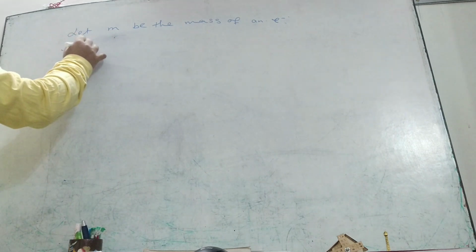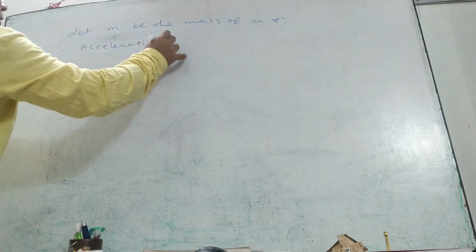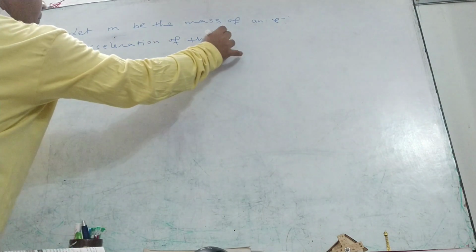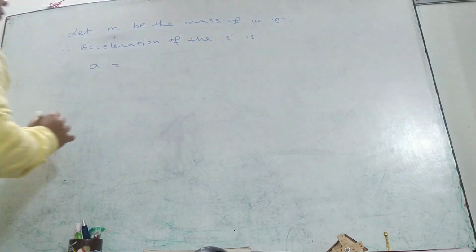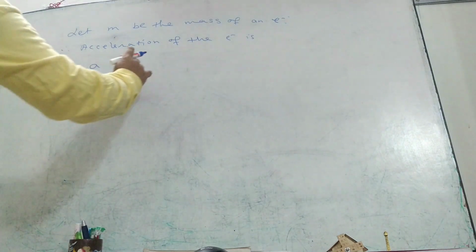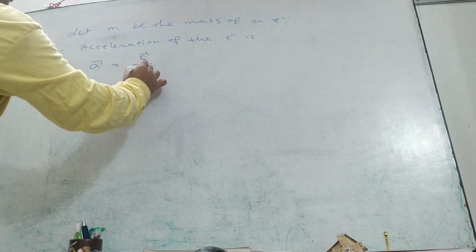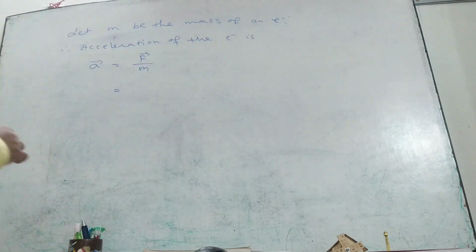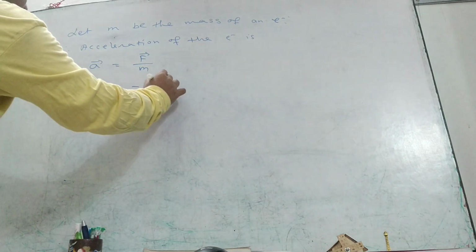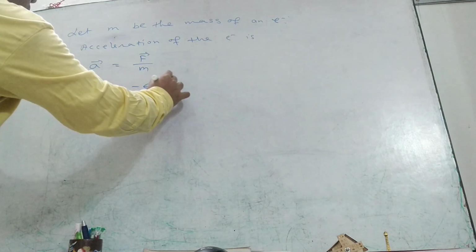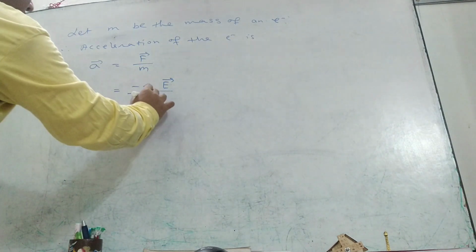Therefore, the acceleration of the electron is a is equal to force by mass. Force is equal to charge of electron into electric field strength, divided by mass.